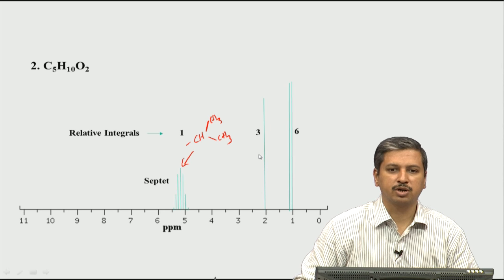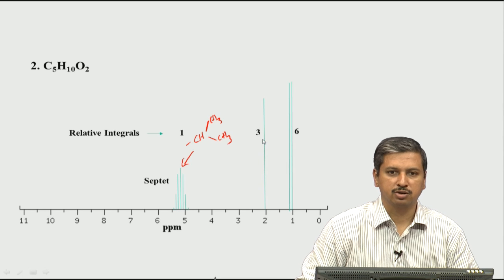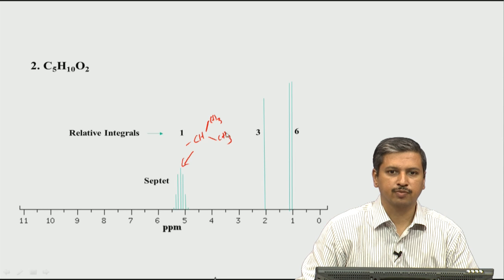If you look at this particular peak here, it shows 3, and remember 3 protons means it has to be a CH3. So, there is a methyl group here, and there is 6 here, meaning again 2 methyl groups, and these could be these 2 methyl groups. So, this 6-proton peak corresponds to these 2 methyls. This isolated methyl is not coupled to any hydrogen and therefore it is a singlet.